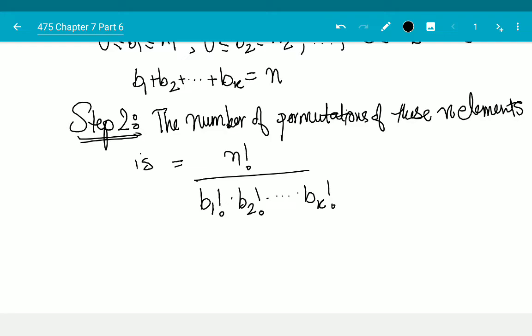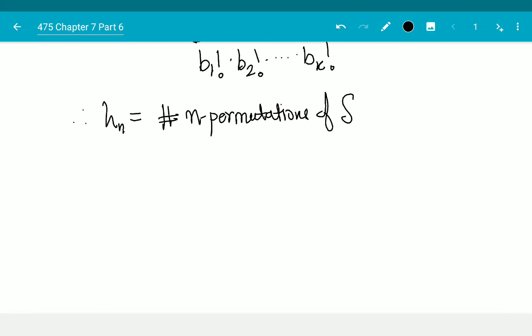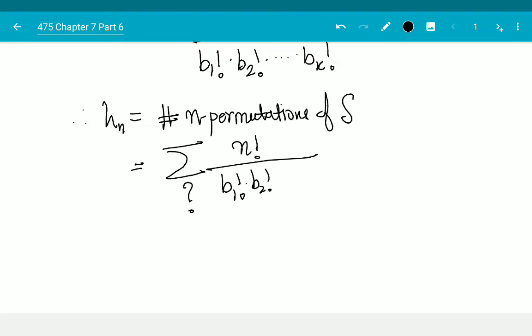And so therefore hn is equal to the number of n permutations of S, which is going to be the summation over something, question mark, n factorial over b1 factorial times b2 factorial times dot dot dot times bk factorial.